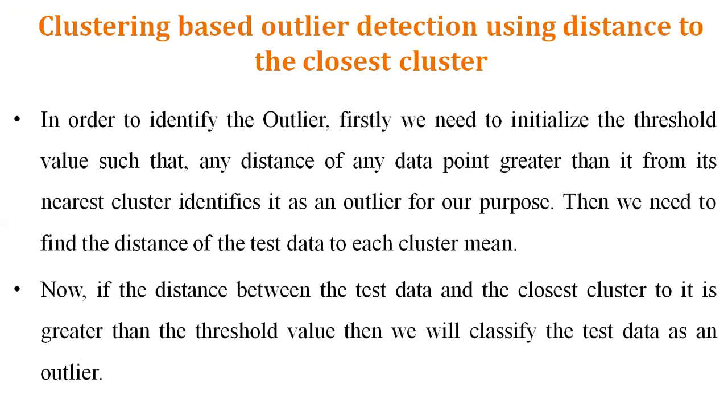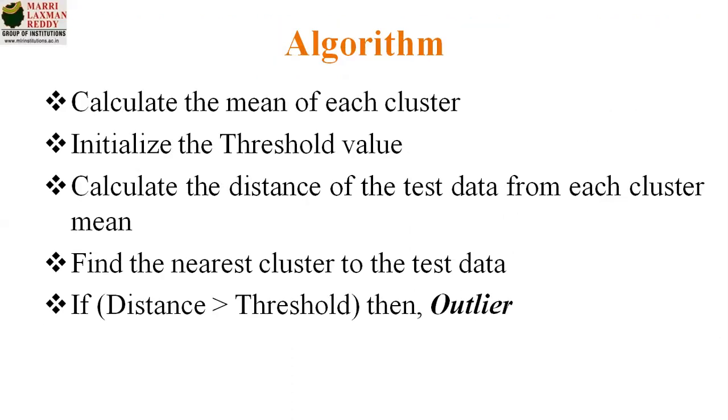If you want to detect outliers using the clustering method, this is the algorithm we will be following. Here we have 5 steps. Step 1: calculate the mean of each cluster. Suppose you have three clusters, and you have some data points which you need to assign to one of the clusters. First you need to calculate the mean of each cluster.